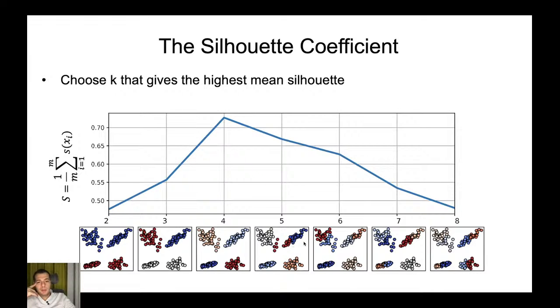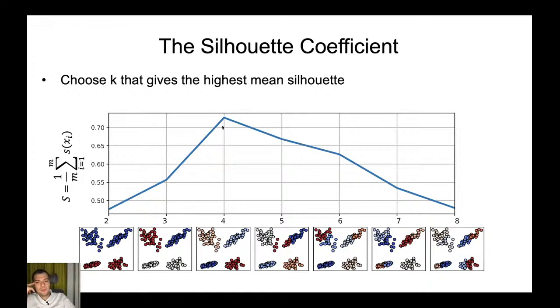And beyond that, the intercluster distances start to become larger for some data points than the within cluster distance ai, so the silhouette score starts to decrease.